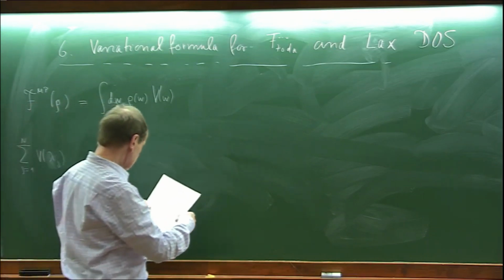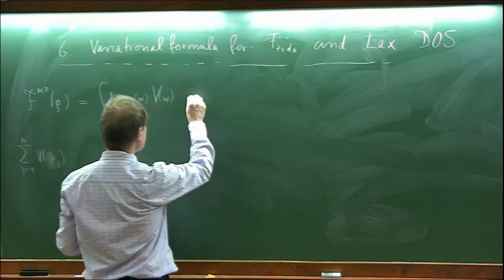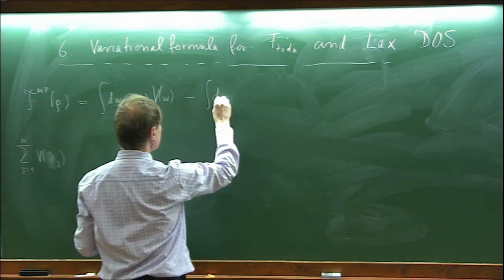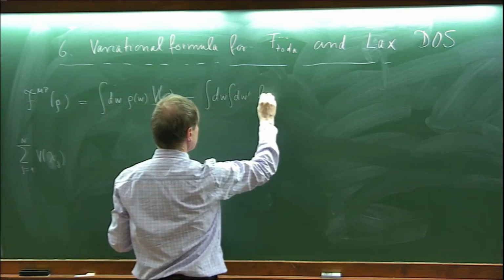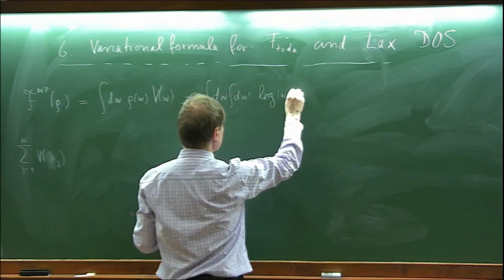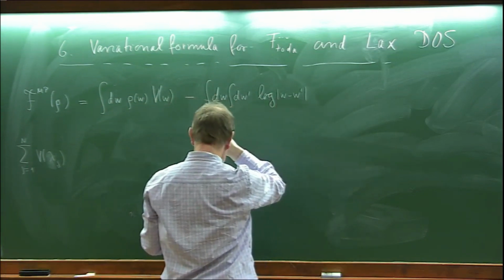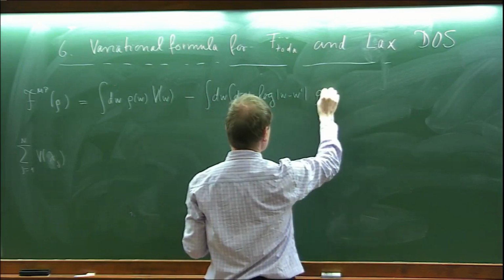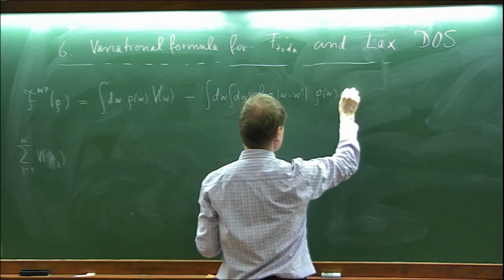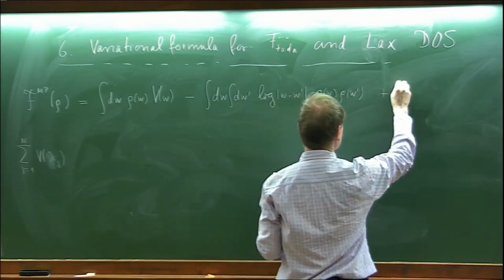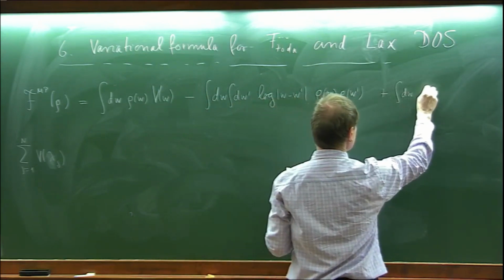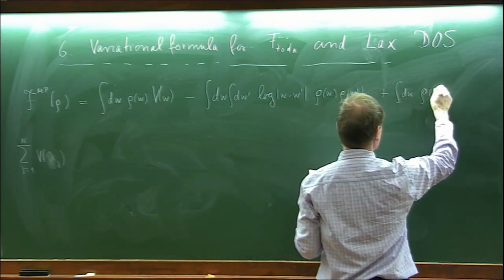Then I shifted the p somewhere else, so it will not appear over here. Then there will be a double integral d omega d omega prime, and the log of w minus w prime, times rho of w rho of w prime. Then there will be the entropy term, which is the integral over dw of rho of w log rho of w.